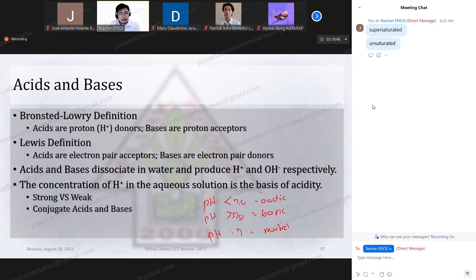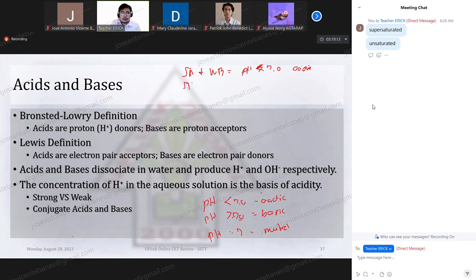Okay? Now, the strong versus weak acids. Strong acids when combined with weak bases, the final pH level is usually less than 7.0. Okay? And therefore, they are more acidic in nature.